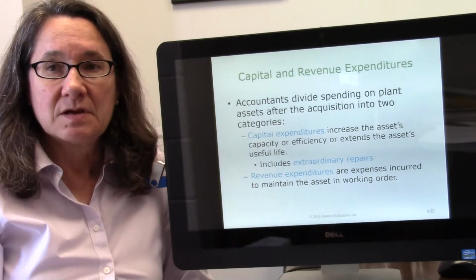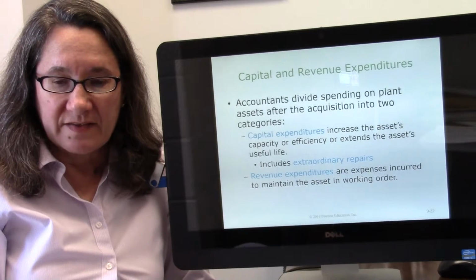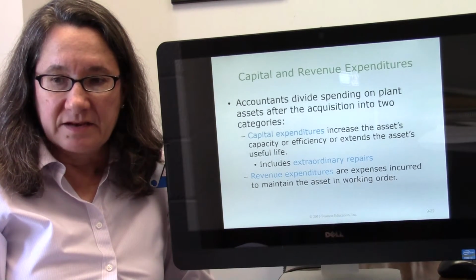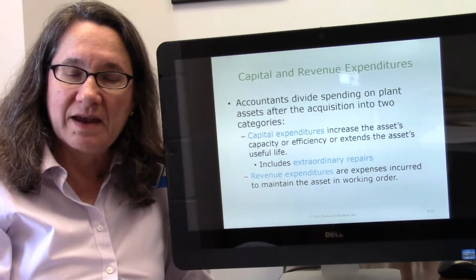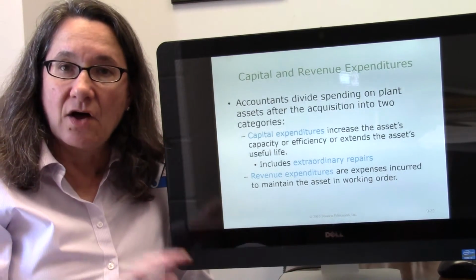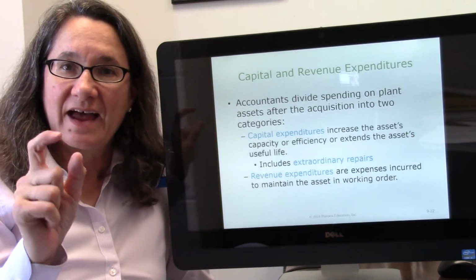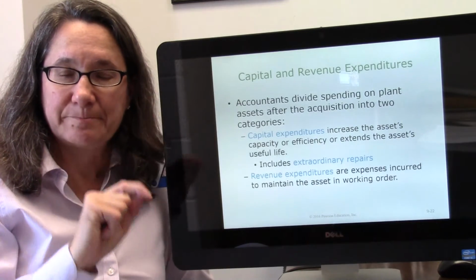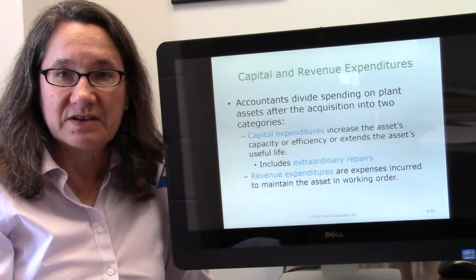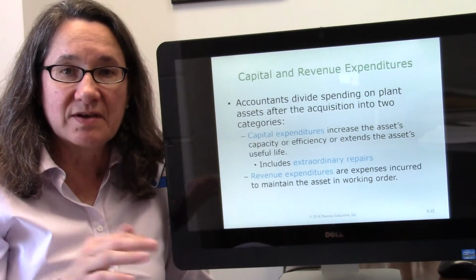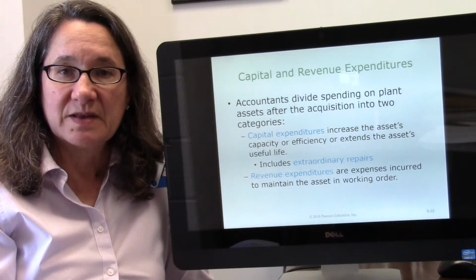So think about a delivery van. You purchase it, you pay tax on it, and you add a refrigerator unit and make it a little better than it was, and all those costs are capitalized. They create the cost of that asset, and it goes on the balance sheet as an asset. Now as time goes by, you have to change the oil and the tires. Well, that's just normal expenditures, so those are expenses, and we put those on the books as an expense.